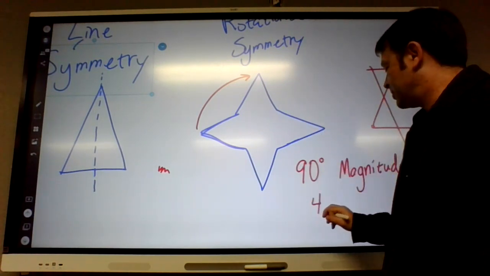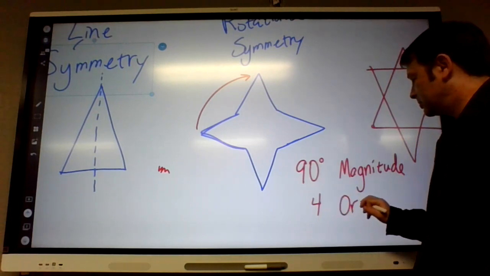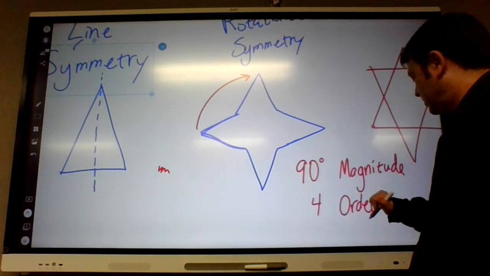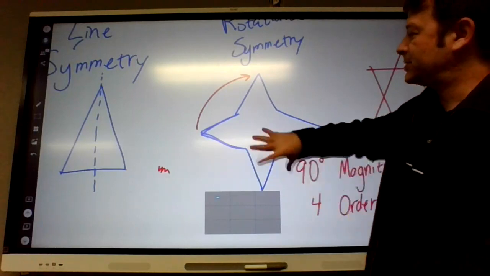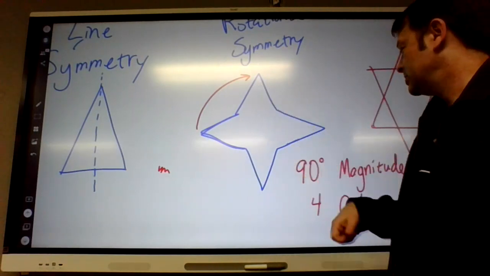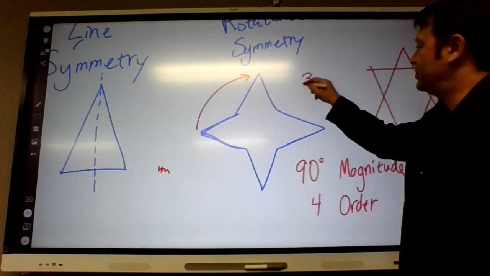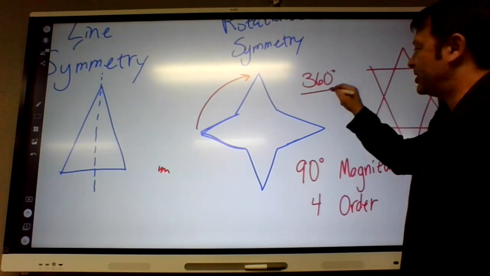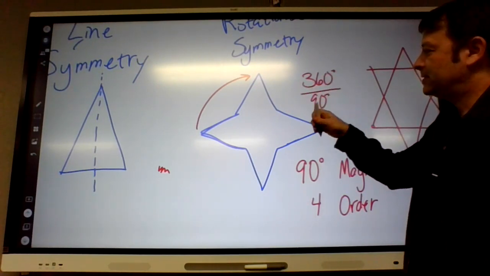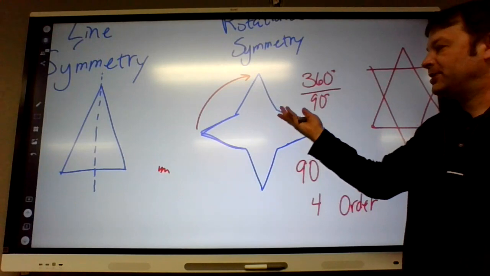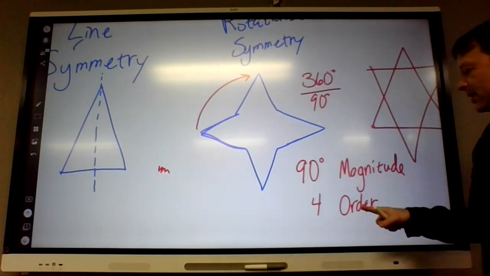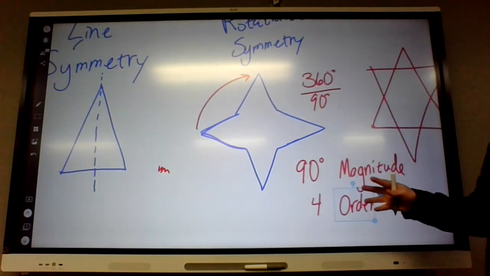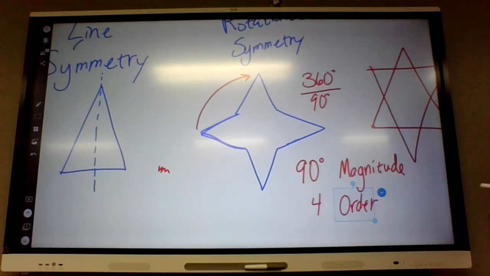So the 4 is called the order. How many times could we turn it and it looks the same? 1, 2, 3, 4. One way to find the order is 360 degrees divided by the magnitude, because you can do 4 90-degree turns before it gets to 360. Order: how many times can you turn it before it gets back to its start?